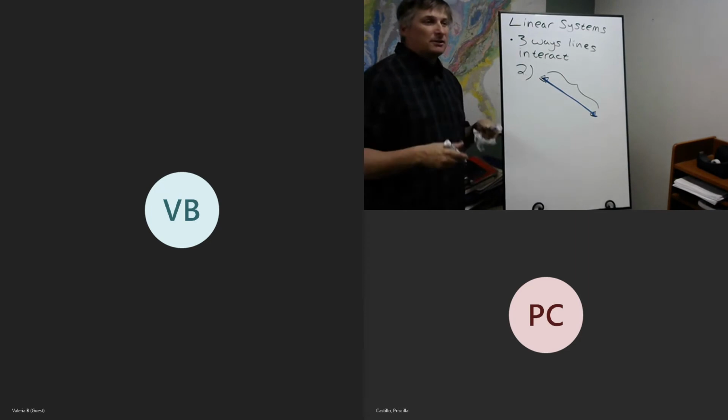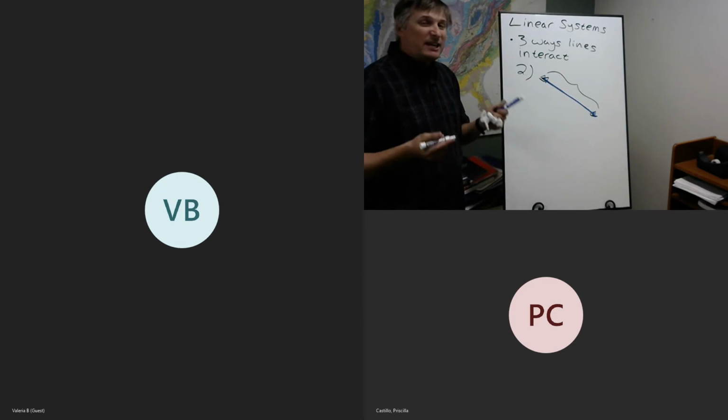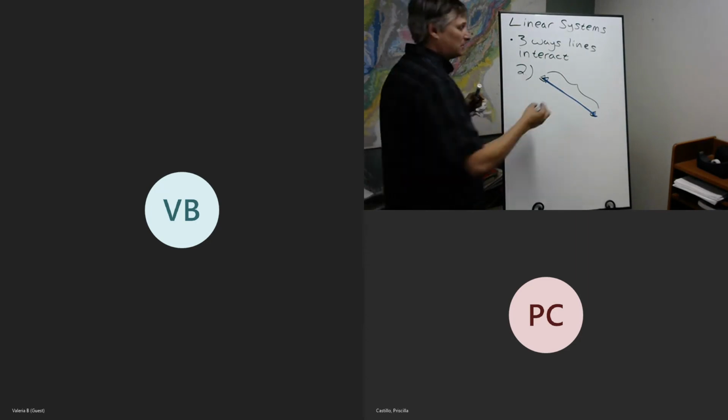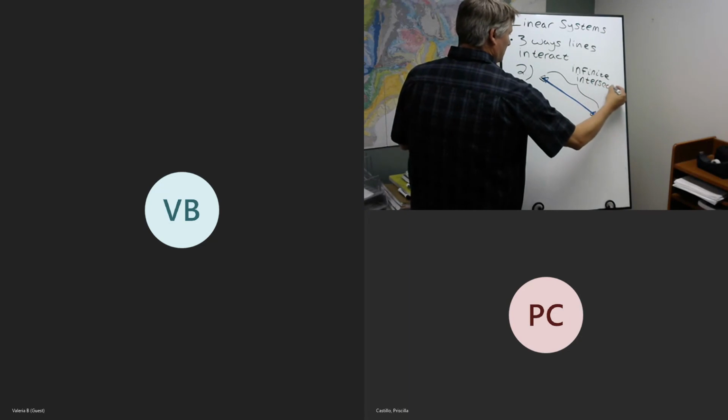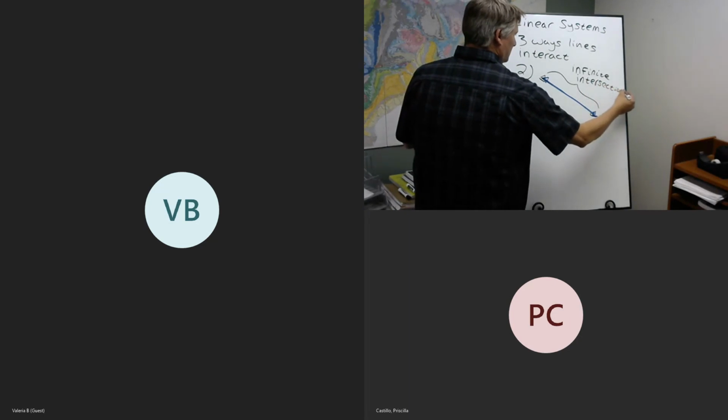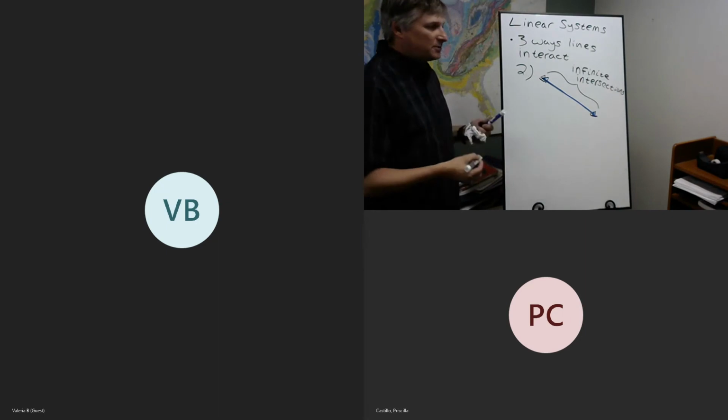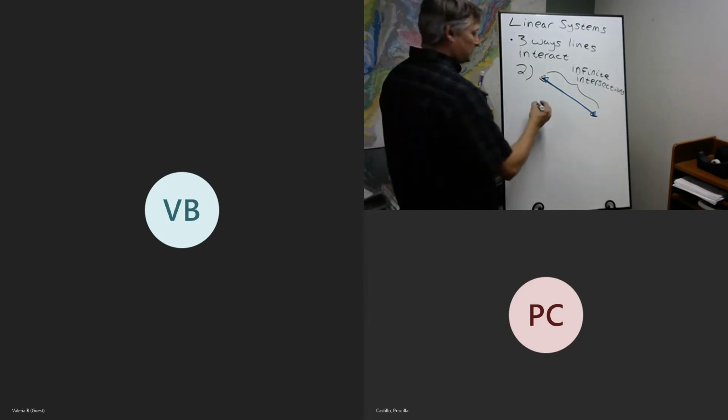And when one line's lying on top of the other, there are infinitely many intersections. And so this means there are infinite solutions.